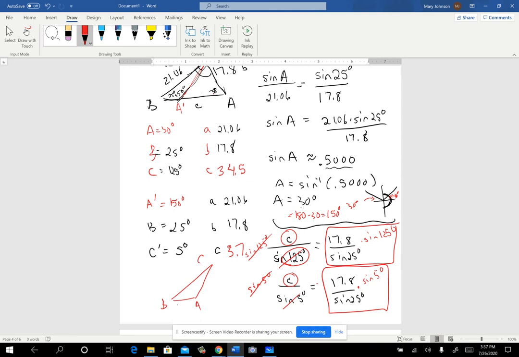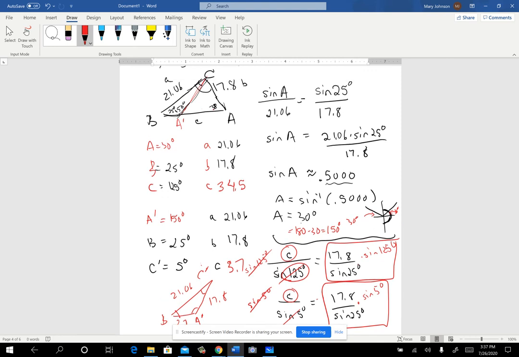And so the little c being 3.7, the b being 17.8, and the little a being 21.06 kind of matches the 25 and the 5.